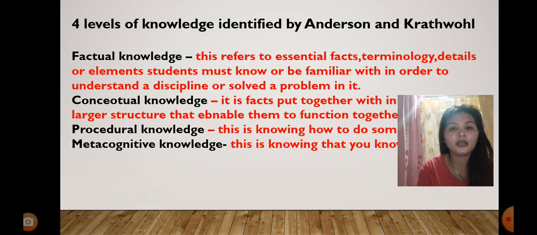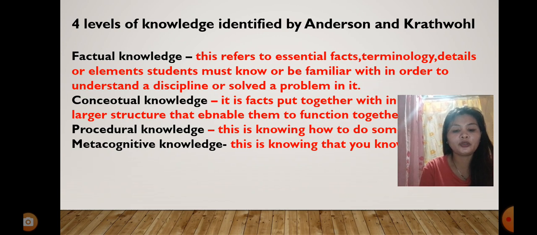And we have the procedural knowledge. This is knowing how to do something. It refers to information or knowledge that helps students to do something specific to a discipline, subject, or area of study. It includes knowledge of methods of inquiry, criteria for using skills, algorithms, techniques, and methods. And the last one, we have the metacognitive knowledge.